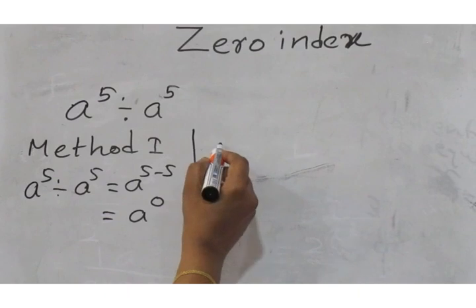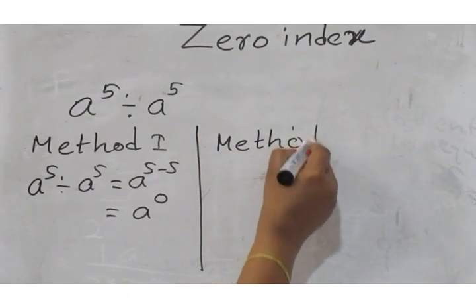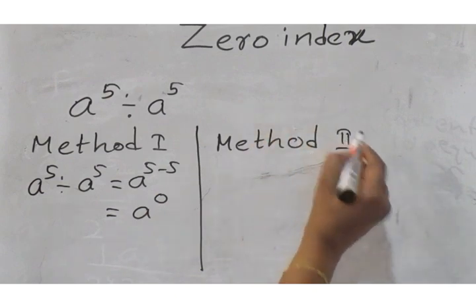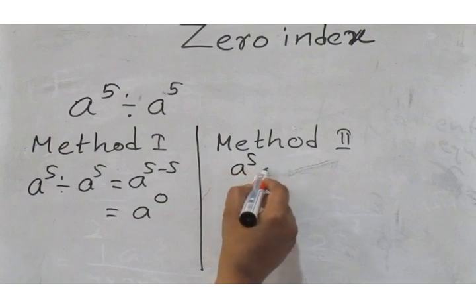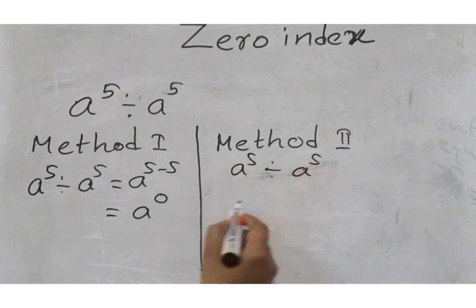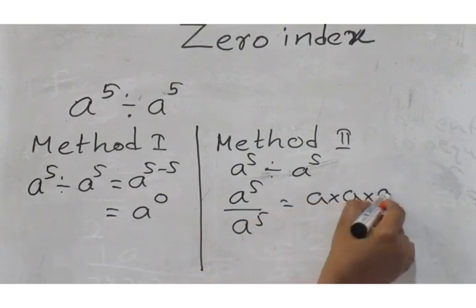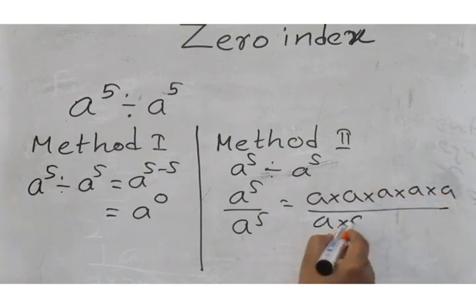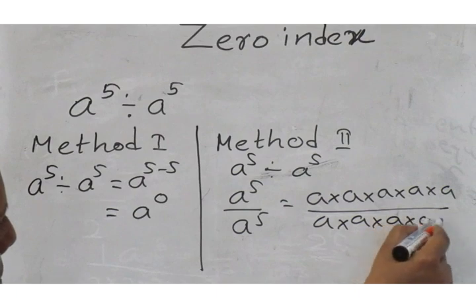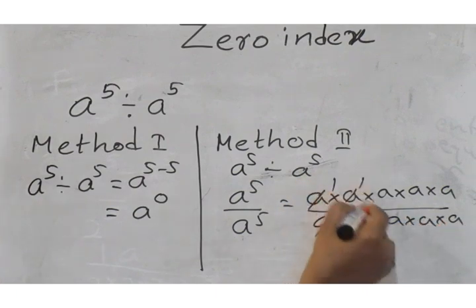Now see the second method. Write this division as a fraction and write the expansion form. Now this expression can be simplified in this way.